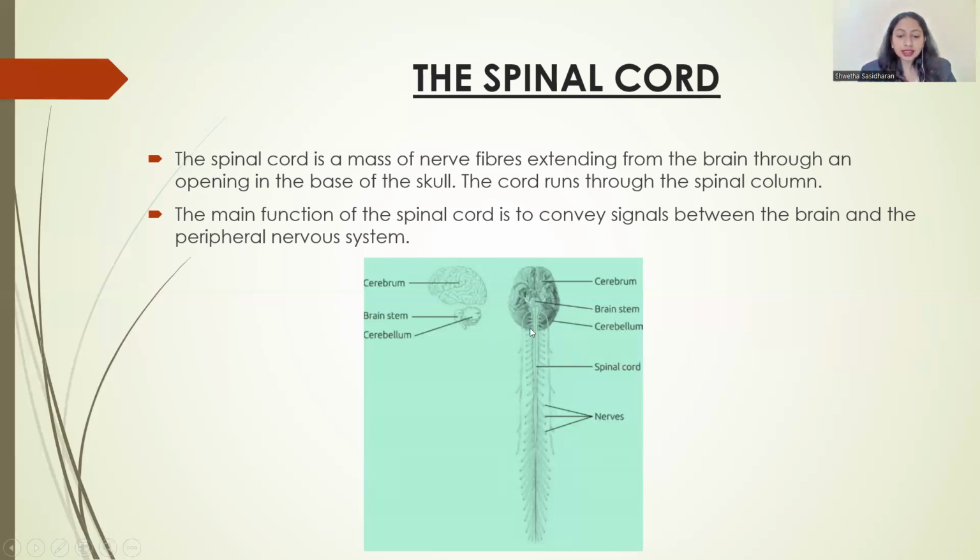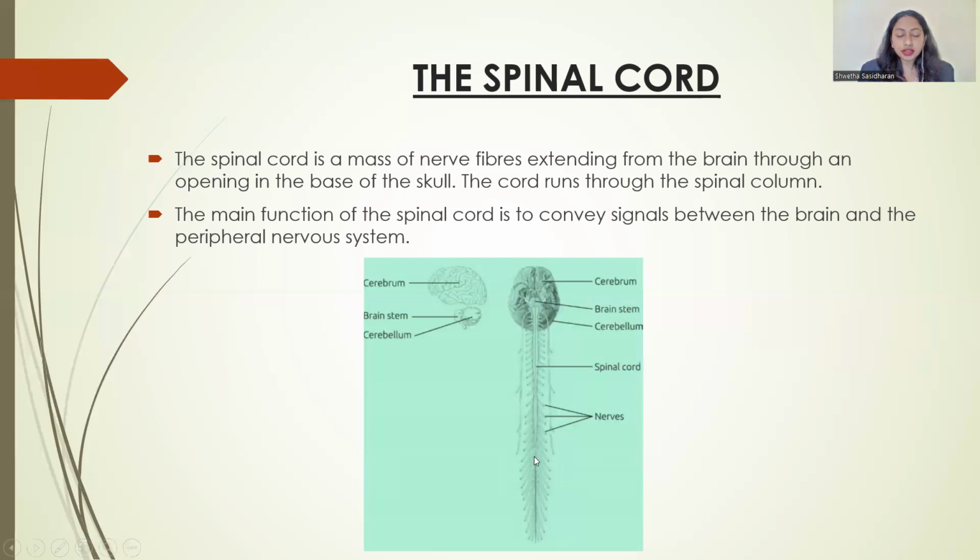Inside that, there will be 12 pairs of nerves coming out, because they come out on both sides. So they are the thoracic nerves, followed by the lumbar nerves, our low back area, and at the end, you can see the sacral part.